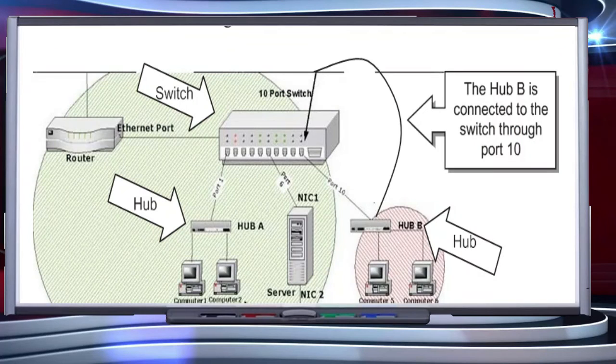Now next is switch. I'm showing you here a picture in which the switch is a rectangular box with 10 ports. A switch is a device that is used to segment a network into different subnetworks called subnets or LAN segments. Segmenting the network into smaller subnets prevents traffic overloading in a network.